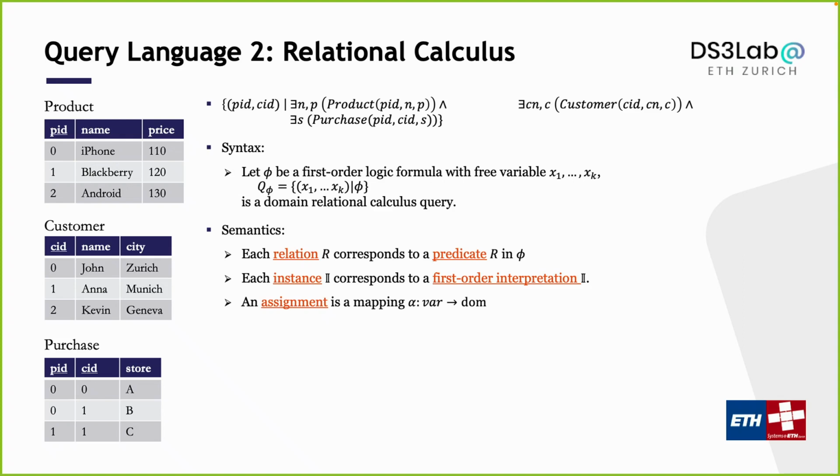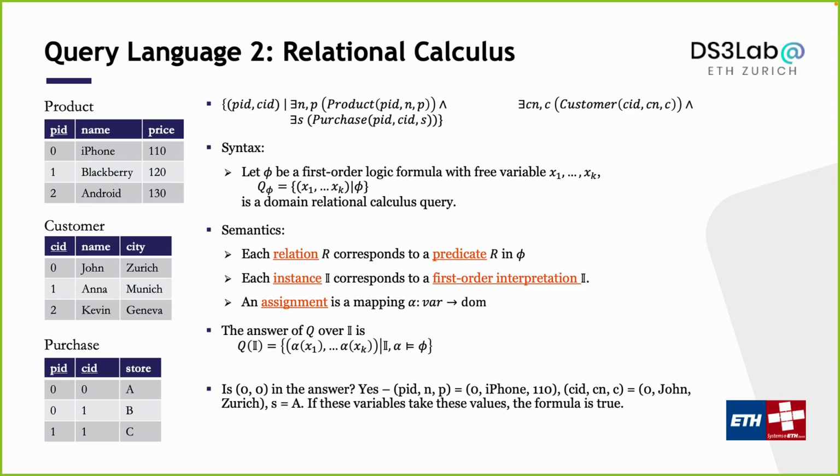Assuming you have an assignment mapping variables to constants, the answer of this query over this relational database instance is all the possible assignments of free variables in this formula such that the formula is true under this interpretation of the database instance and this assignment. This is the semantics of a relational calculus query.